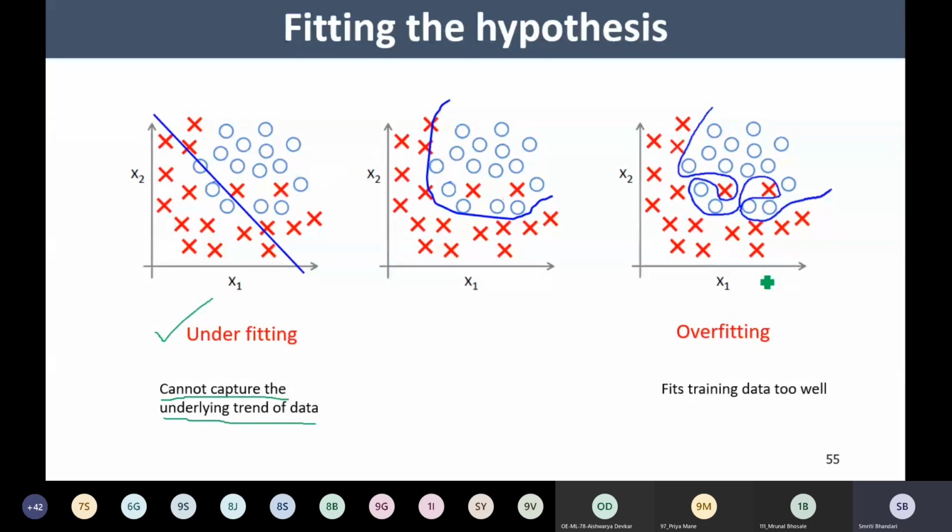Okay? Now, I hope you have understood this concept of overfitting also. And we do not want our model to either underfit the data or overfit the data. What we expect is a good fit or a right fit. Whatever you see here in the middle is actually the right fit, we may say.